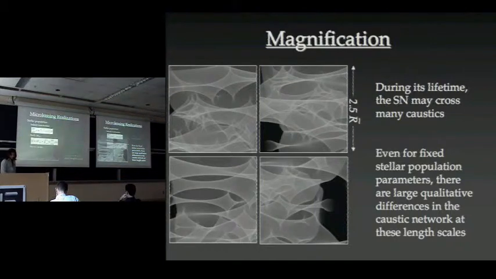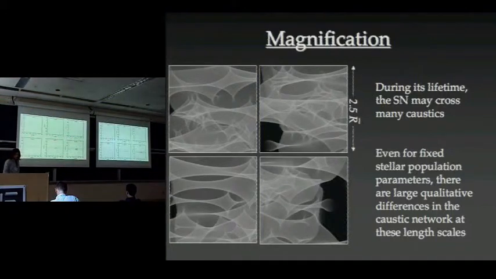So here are the realizations that we ran. We have a stellar population with a Salpeter mass function, mean mass of one solar mass, and we vary the mass ratio of the stars. And for a supernova, we assume a uniform brightness disk, the so-called expanding photosphere method, with a velocity of 15,000 kilometers per second, and we run the simulations out for 250 days.